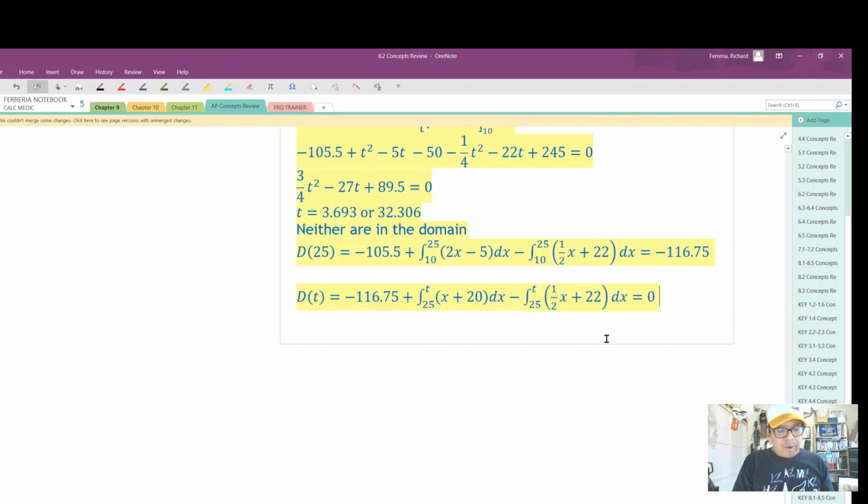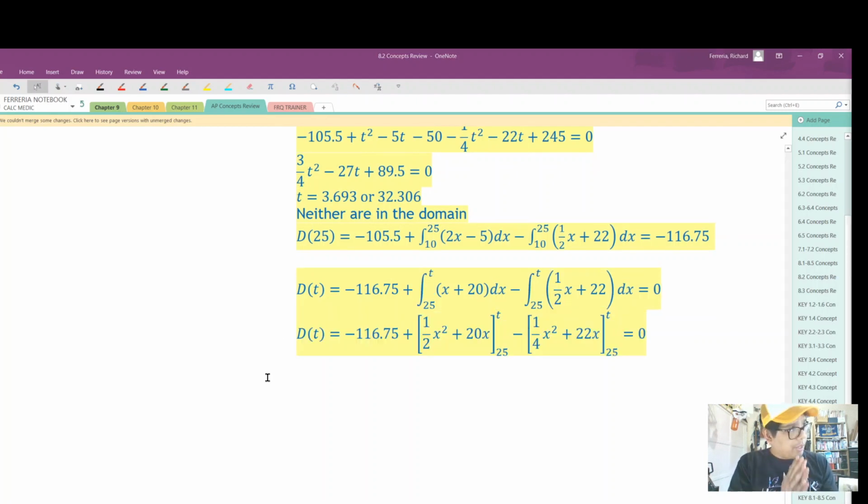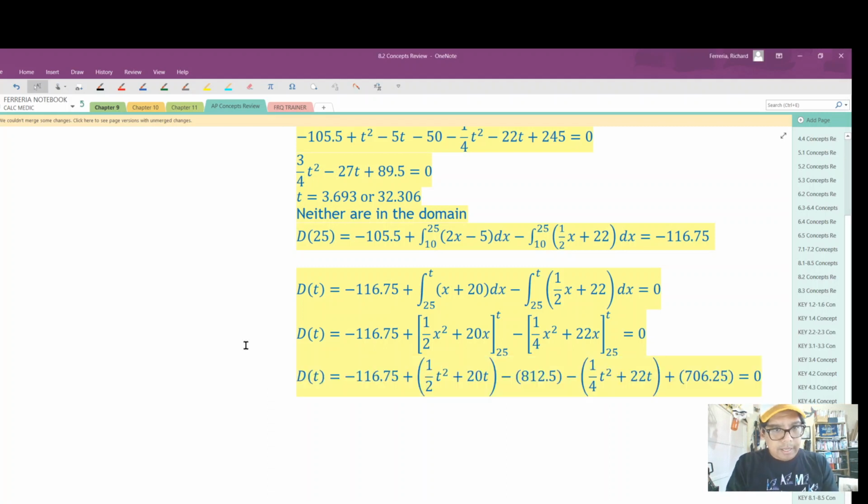Now we're going to integrate again. Okay, so here's our new deficit equation. After integrating, we get this real mess of functions, and setting that equal to 0, of course. Combining like terms, we get 1/4 t squared minus 2t minus 223 equals 0.